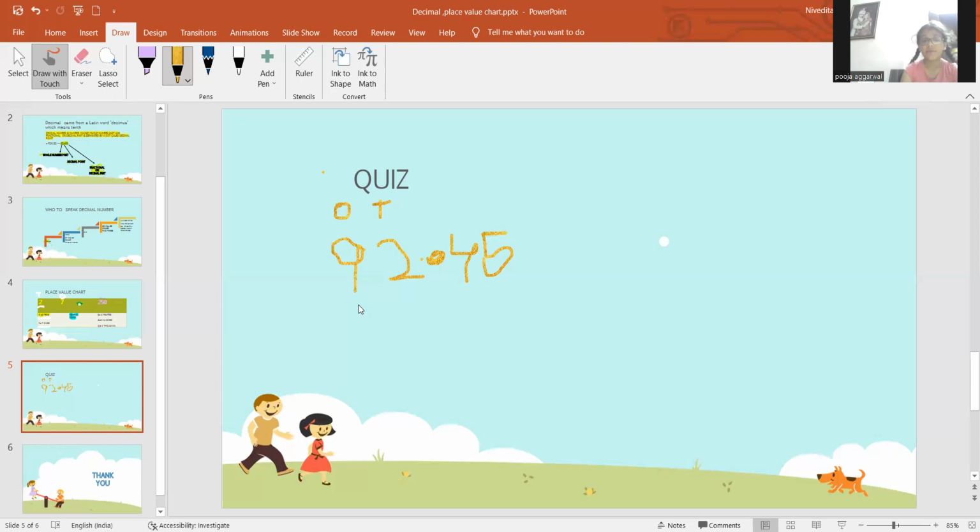Yeah, we will call it 92 because before the point we read the numbers together. And what is this dot called? Yeah, this dot is called decimal point.